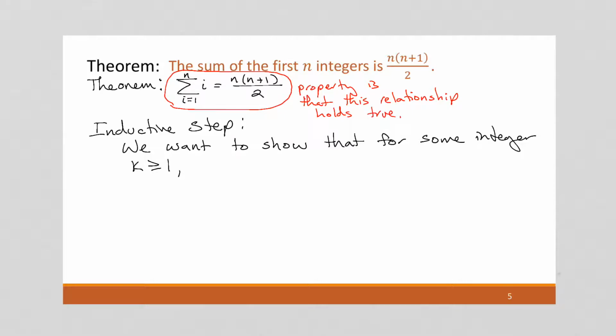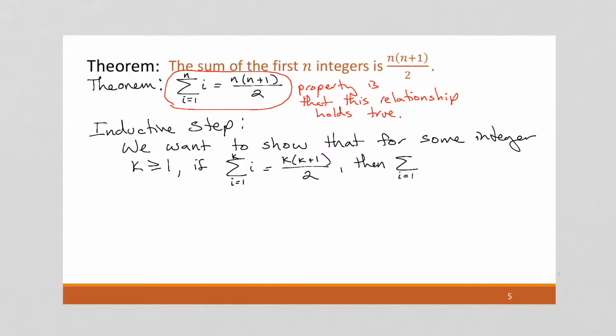So I want to suppose that, if I'm going to replace n with k now, if the property holds true for some k, well, there's my property with k, then the property is true for k plus 1. So let's write this out for k plus 1.